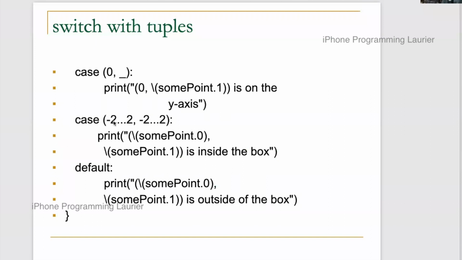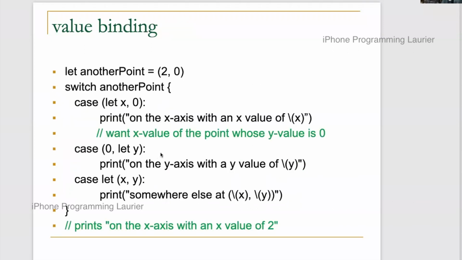You can do range values within a tuple. You can do value binding with a tuple. For example, I have a point, and this case means I will execute it when the point has the y value to be 0. When the y value is 0, I want to retrieve the x value, so I say let x here.